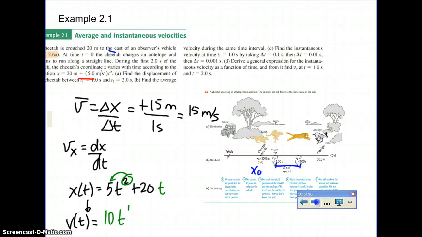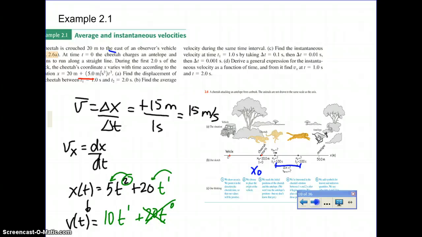And 1 times 20 is going to be 20t, and then 1 minus 1 is 0. Well, anything t to the 0 is just going to kind of fall off. So what we've got is the velocity time function is just 10t.